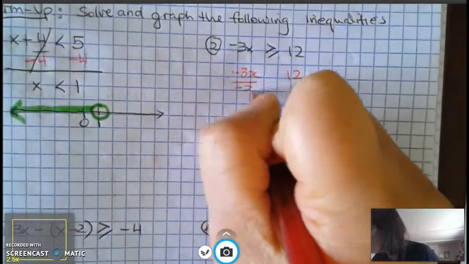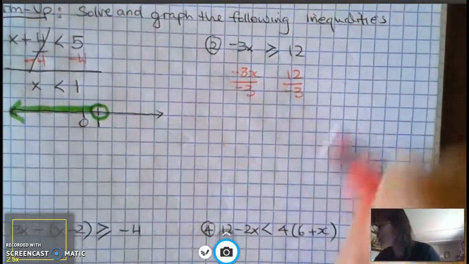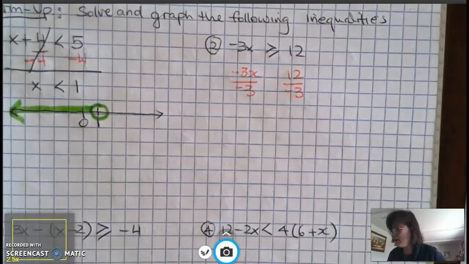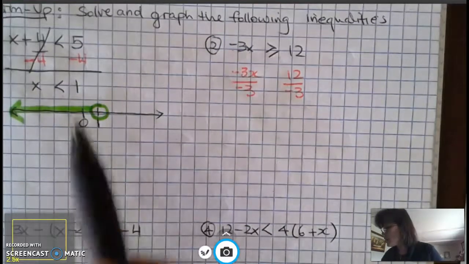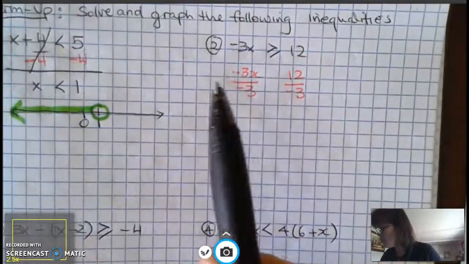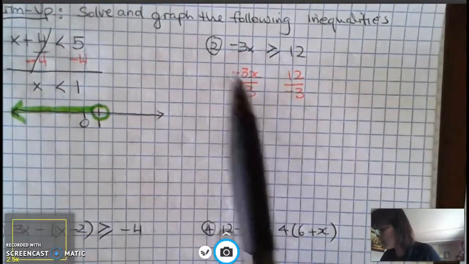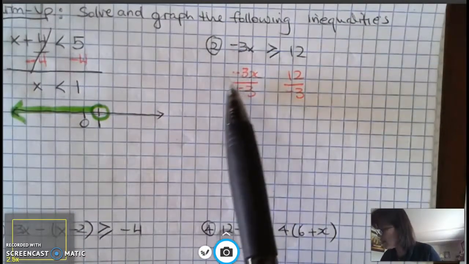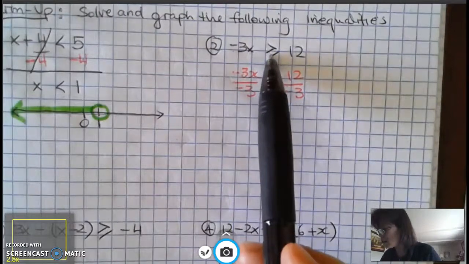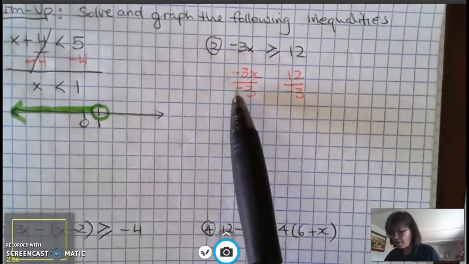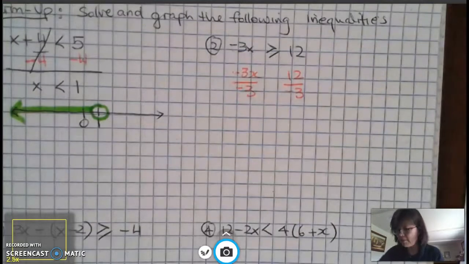Dividing by negative 3. So I am dividing both sides by negative 3. However, remember what we discovered? When we are adding or subtracting, the inequality sign always gets preserved. When we are multiplying or dividing, if it's a positive number, then the inequality sign gets preserved. But this time, it is a negative number.